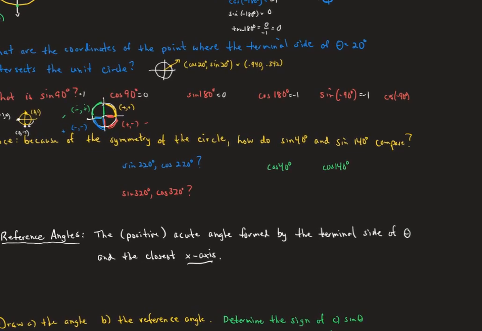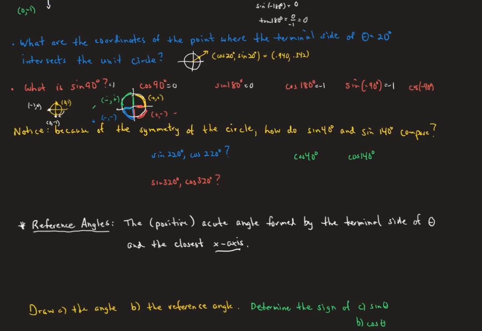Now, notice that because of the symmetry of the circle, we can get relationships here between, say, sine 40 and sine 140. So let me draw a unit circle real quick. I'm going to put an xy axis on there, and we know that this is (1, 0). I'll put that to indicate that it's a circle with radius 1. Now, a 40-degree angle is going to be somewhere in here. So there's our 40 degrees.